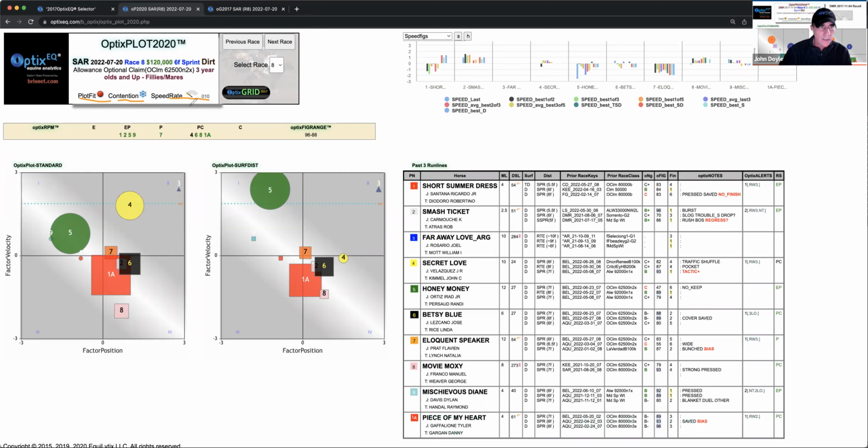So typically, when you're using Optix plot and you see those kinds of parameters, you want to really focus in on quadrant 1 right here, this box in the upper left-hand corner, and see who's in here. In our case, it's the 5, 9, and a little bit of the 1 are in there. So that's typically what you want to do. You want to be looking there for that.